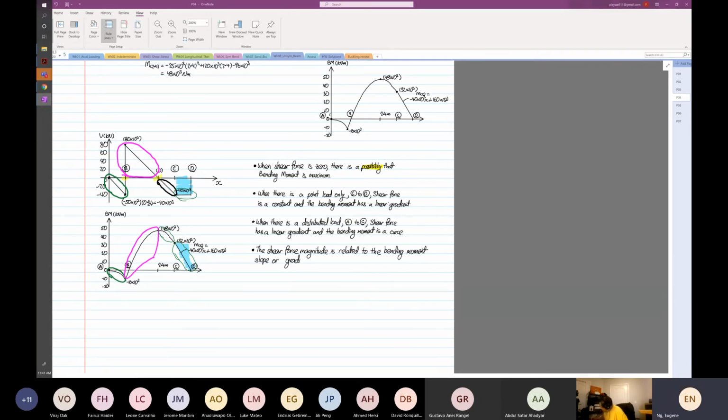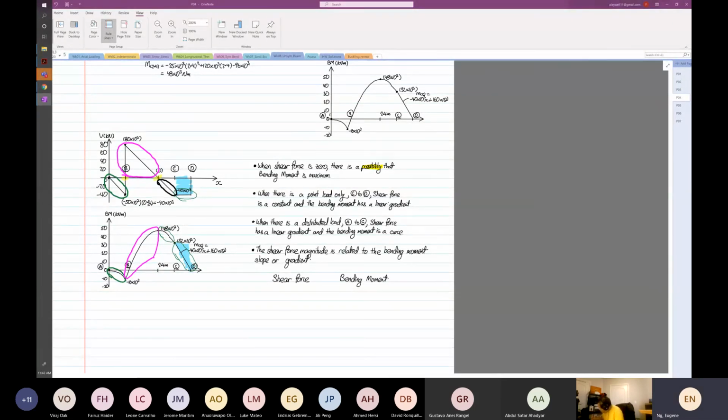I.e., so we have shear force, and then you have bending moment.